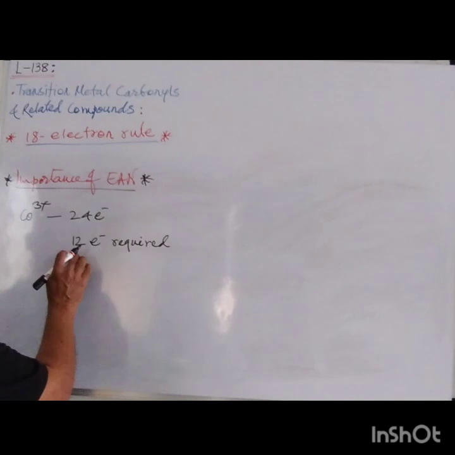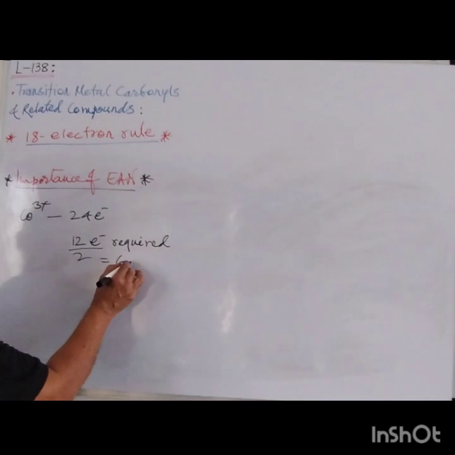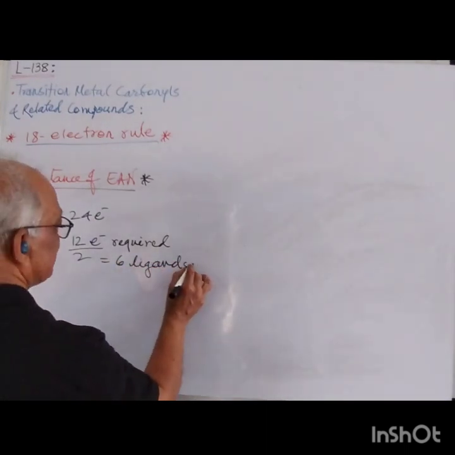If each ligand contributes 2 electrons, we divide by 2 and get 6 ligands required.